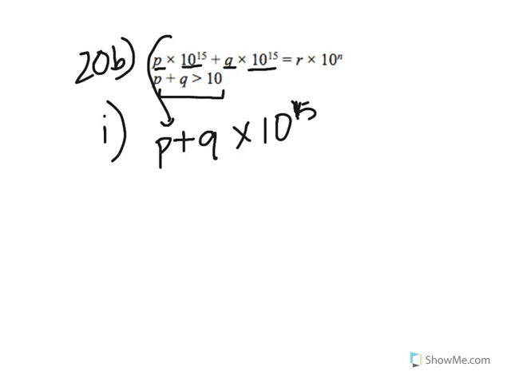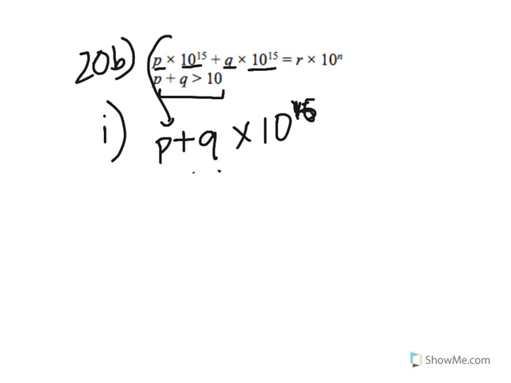So what you need to do is make this number between 1 and 10. How do you do it? You just divide it by 10, right? When you divide it by 10, to balance it out, this power must increase by 1.